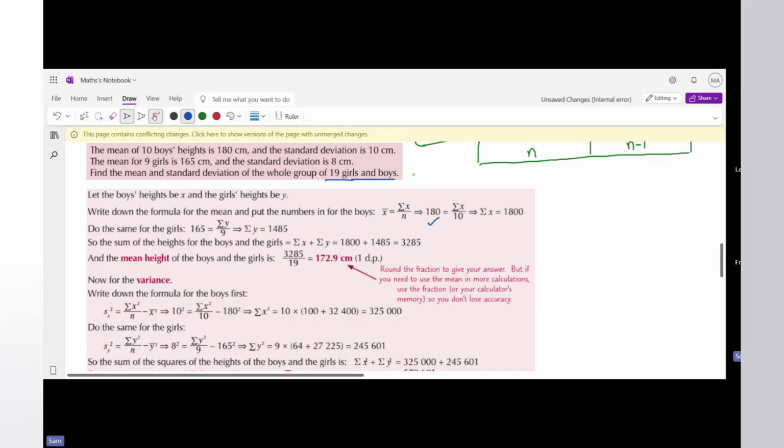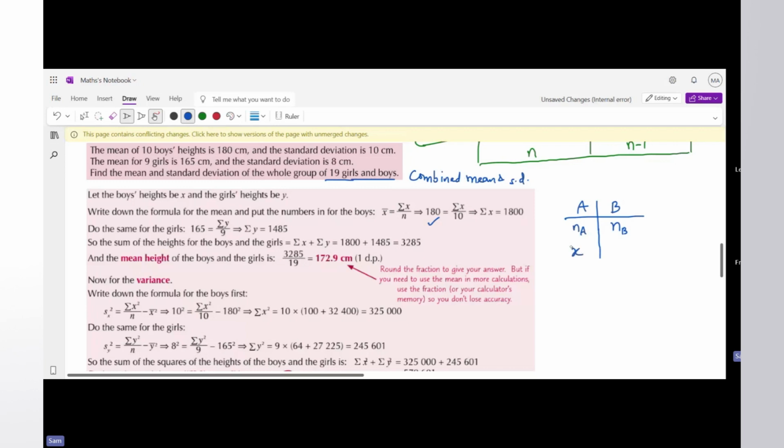So this is a problem on combined mean and standard deviation. Would you know how to work this out? So basically you have two groups, group A and group B. The number of data values in group A is NA and in group B is NB.